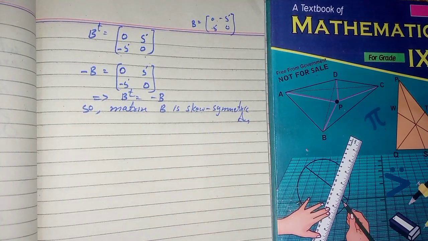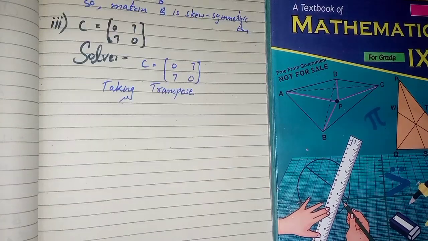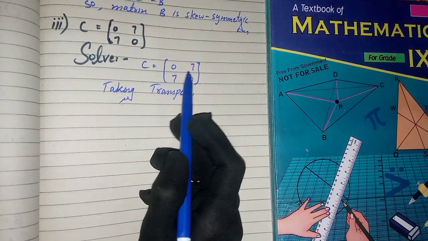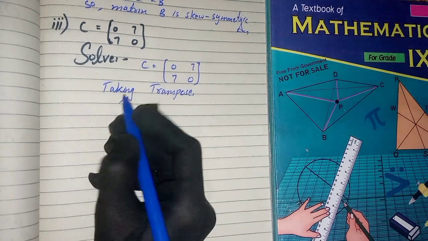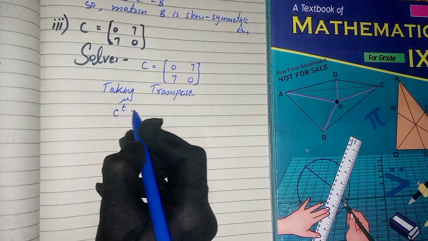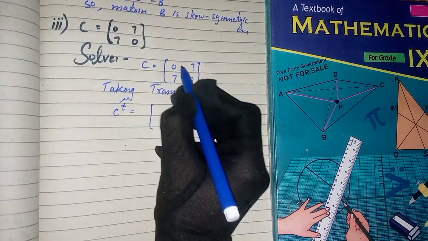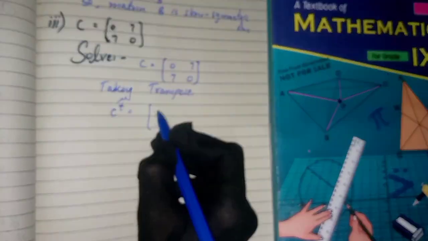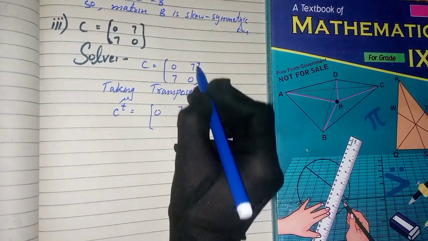Now we solve the next part, part 3. Part C equal to [0, 7; 7, 0]. Taking transpose, C transpose is equal to, we write rows in column: 0, 7, 7, 0.